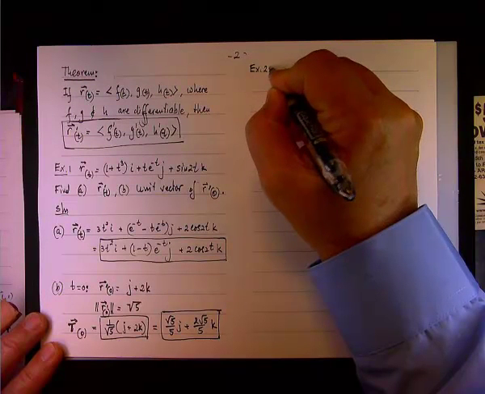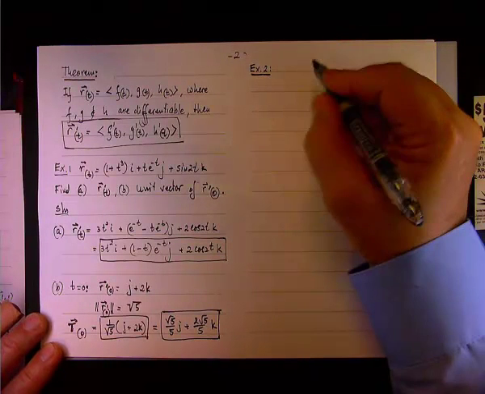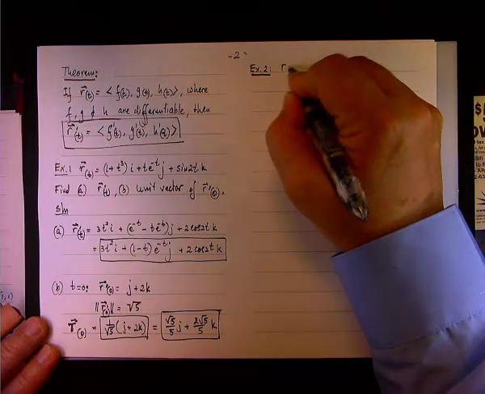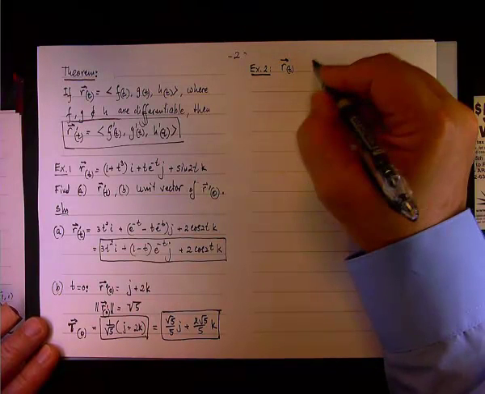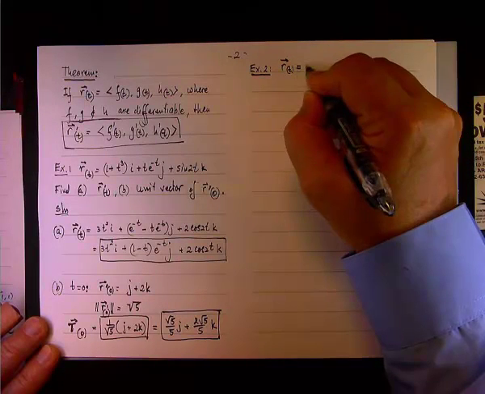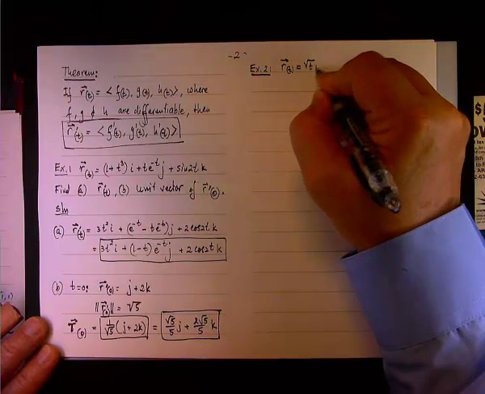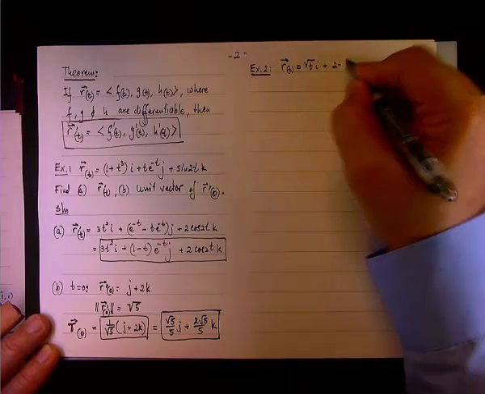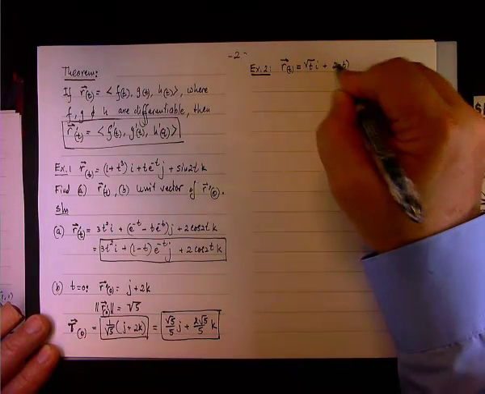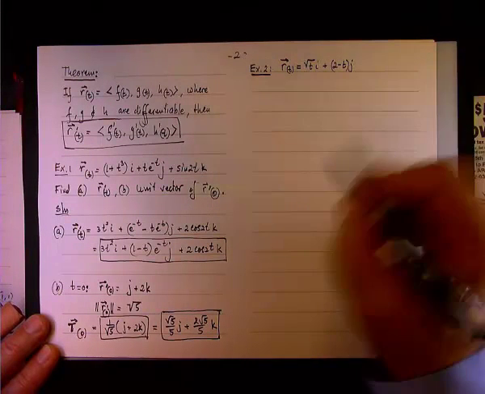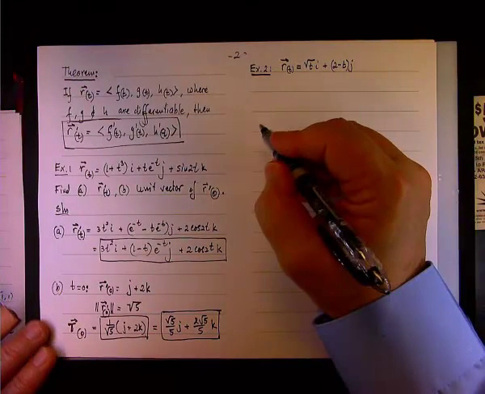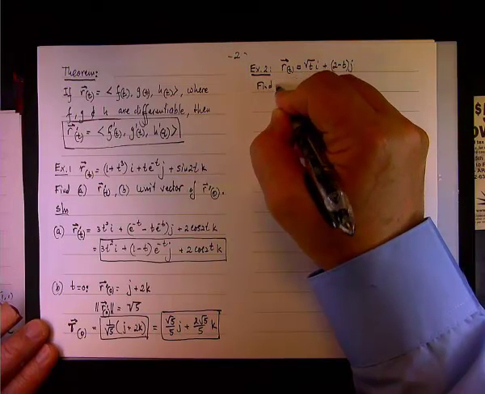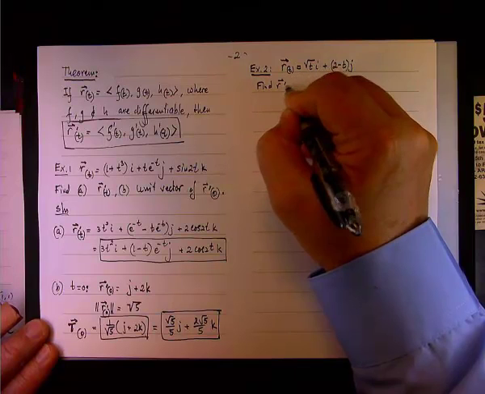And the next example. This is something closer to what Jordan showed us. We have this vector. Remember, those are curves described by a vector. And what we need to do is three things actually.